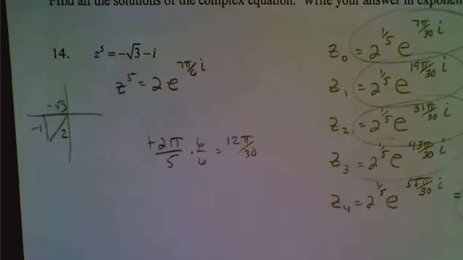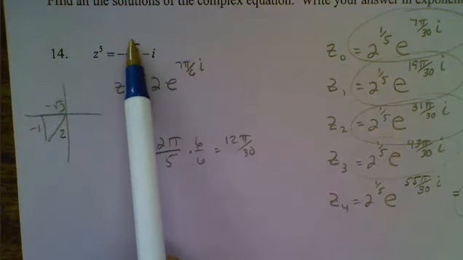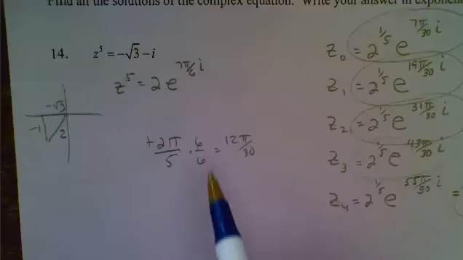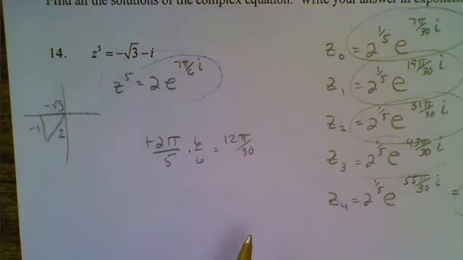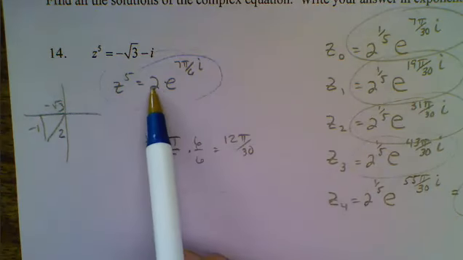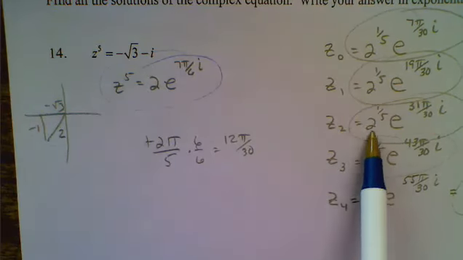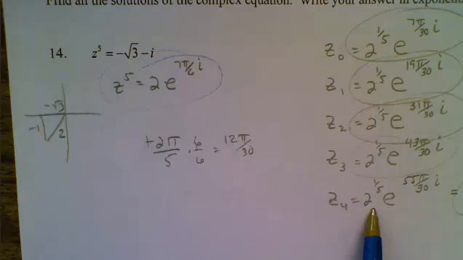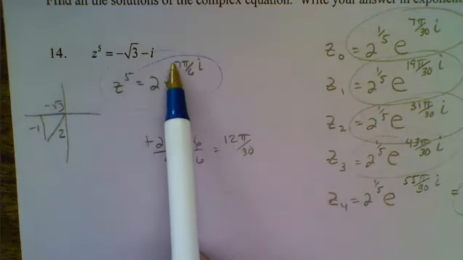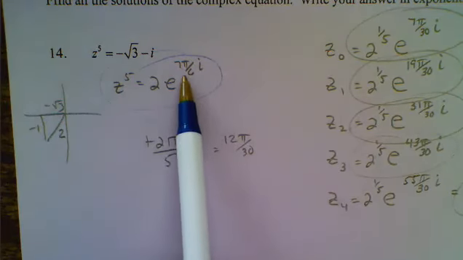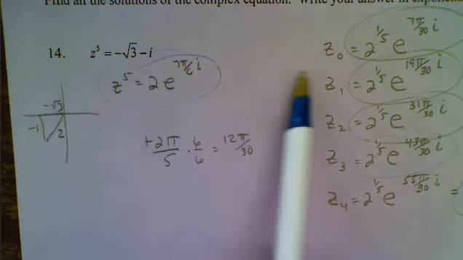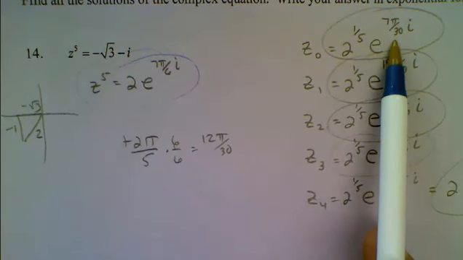Okay, and then quickly on the last page, first you have to get this z to the 5th in polar form, so that's what z to the 5th is. And then I need to take the 5th root of 2 of my radius, so that's what you see here for all 5 of my answers, 2 to the 1/5. And then I need to take, for my first angle, take that and divide it by 5. So 7 pi over 6 divided by 5 is 7 pi over 30.